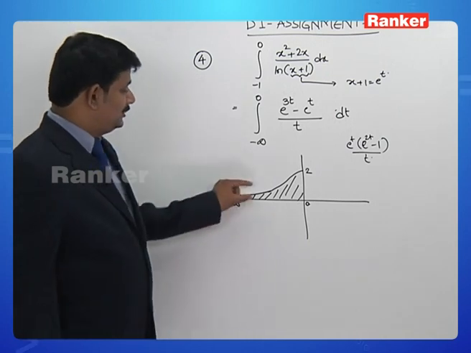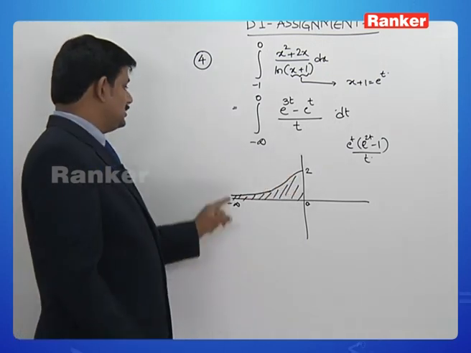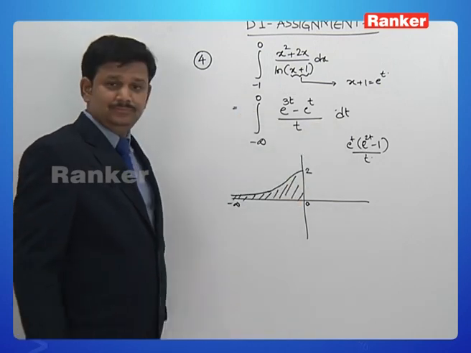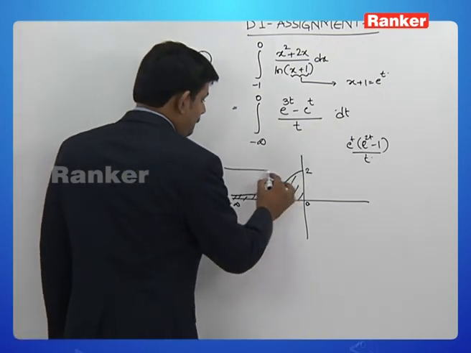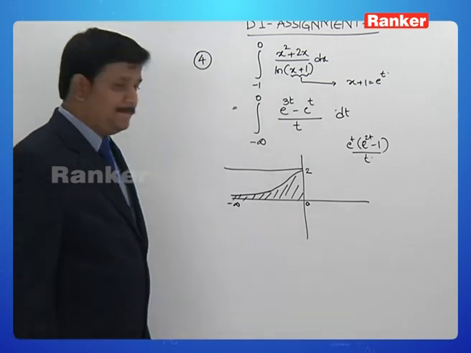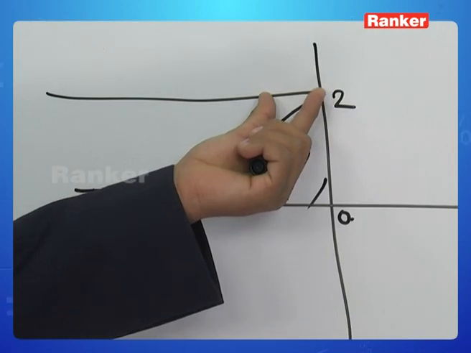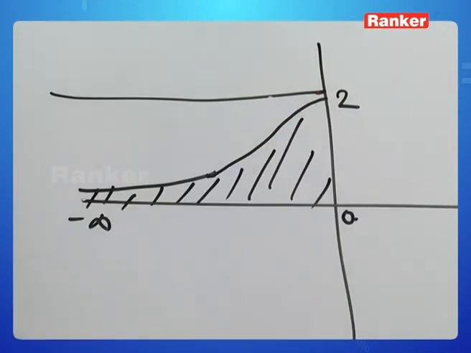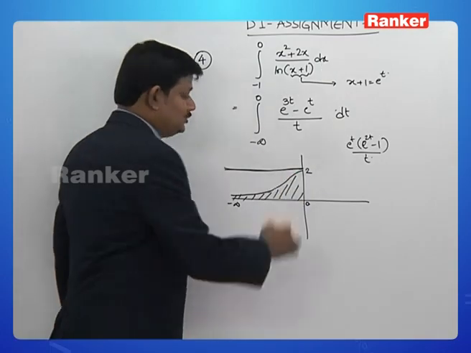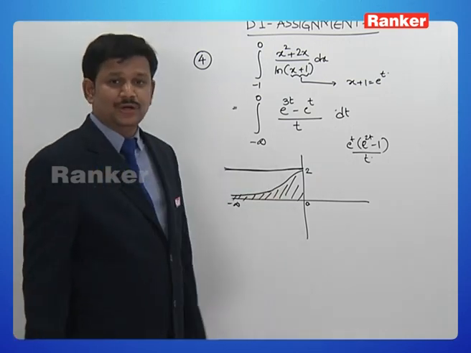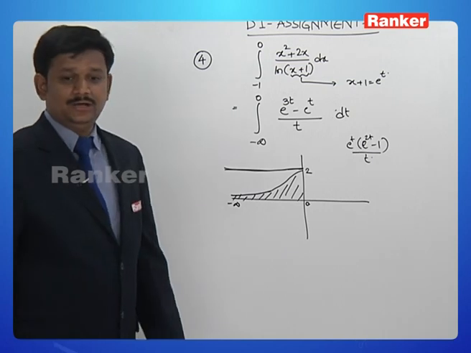So, whatever be the area of the shaded region, that is integral from minus infinity to 0 of f of t dt, should be less than the area under this curve, and also it should be a positive number. So, let us look at the options.